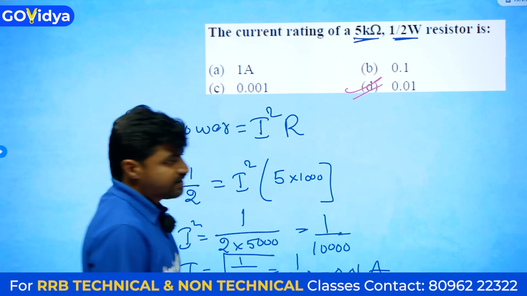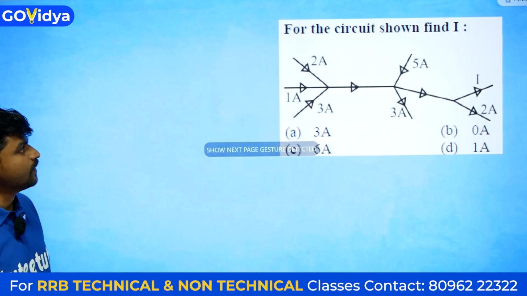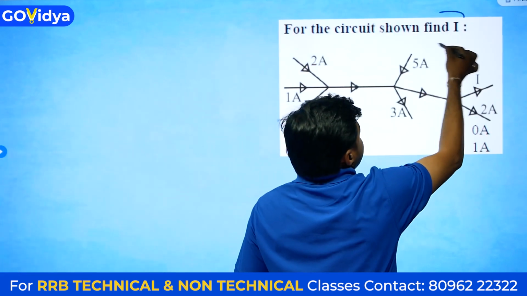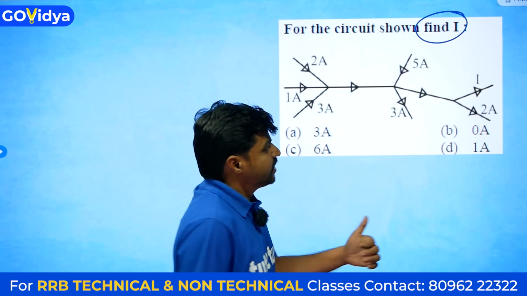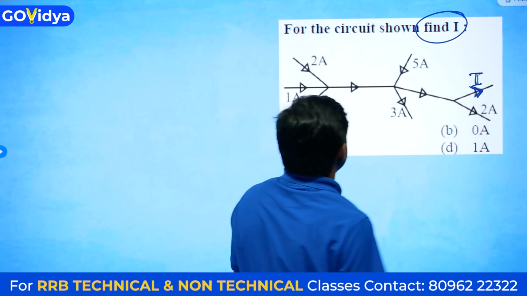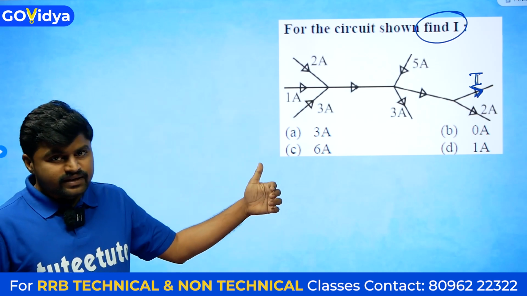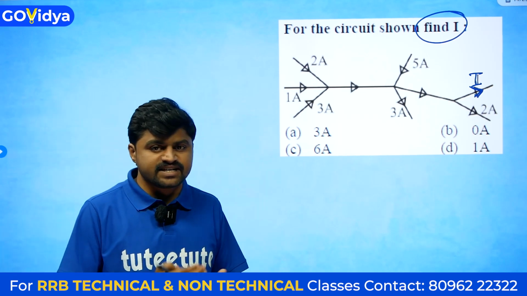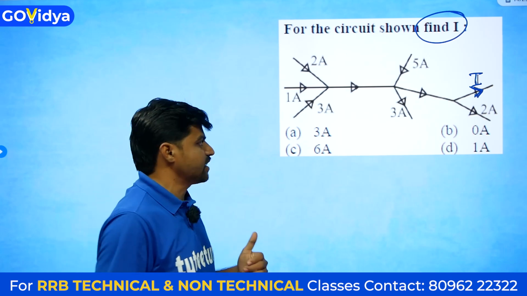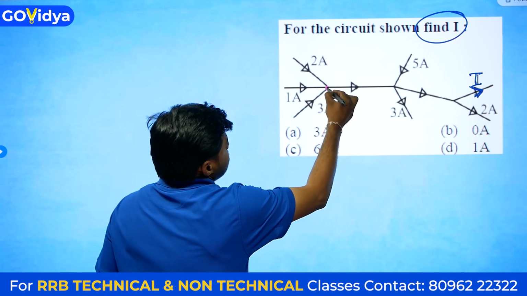Next question. For the circuit shown, find I. Here, we have to find I. We have to apply KCL. KCL says incoming current is equal to outgoing current.